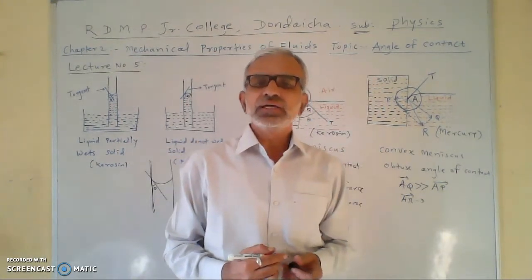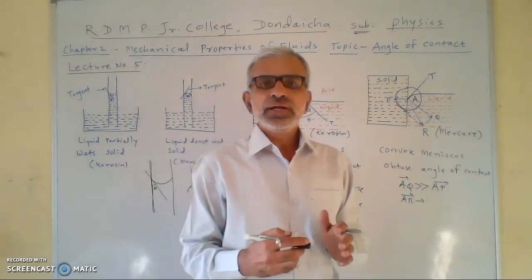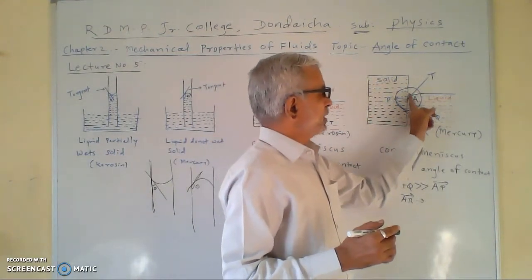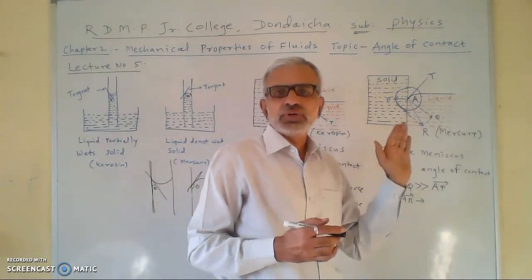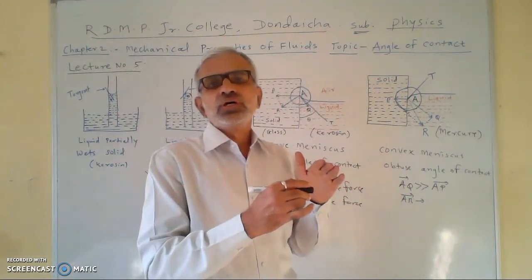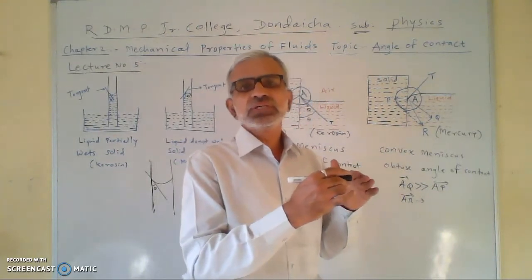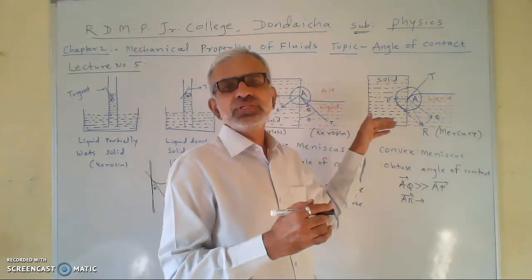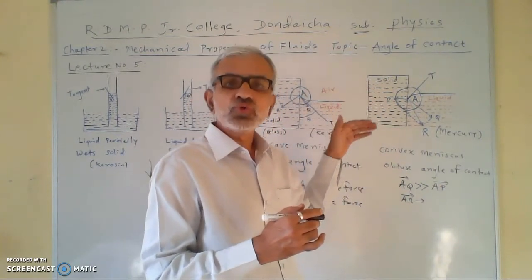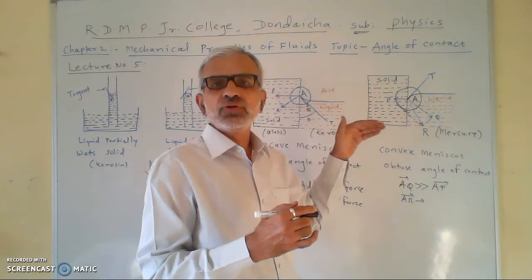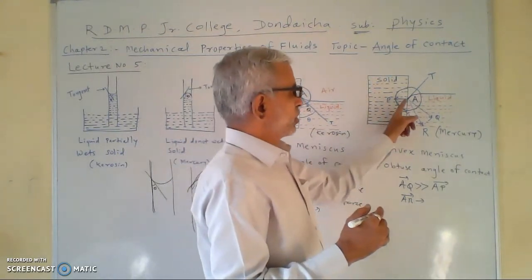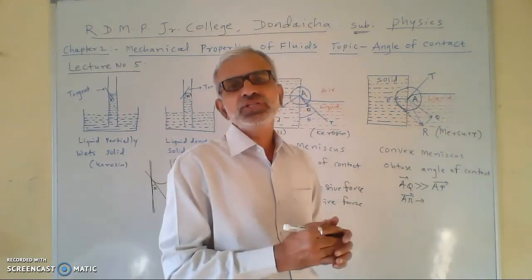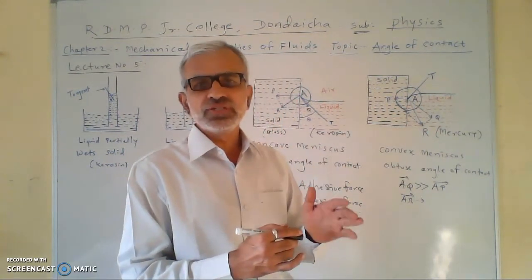To make this resultant vector AR perpendicular to the tangent, or normal to the liquid surface, this molecule A creeps. It means that the molecule A moves down. Slowly it will move down, and the convex part will be formed here. And this is the explanation of the convex meniscus.